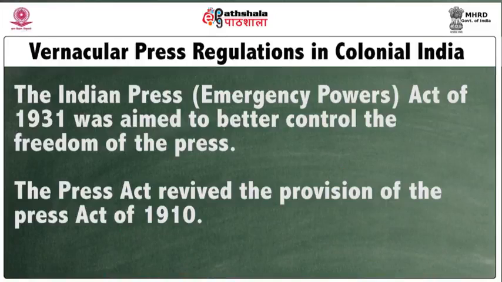The Indian Press Emergency Powers Act 1931 was the result of this, which tried to keep a check on the great vernacular press in India. The Act was aimed to better control the freedom of the press. It revived the provisions of the Press Act of 1910.